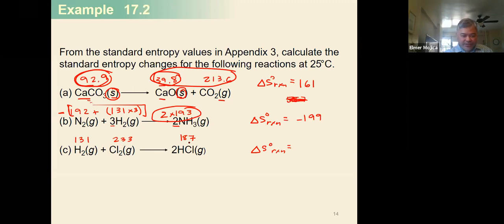Now, last but not the least, you multiply this by 2, and then you subtract from it the sum of these two values.